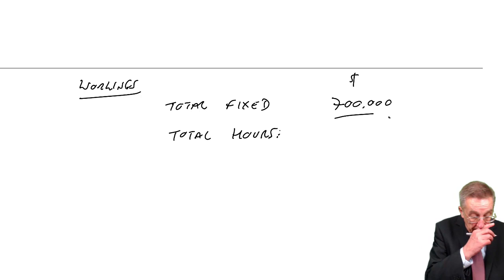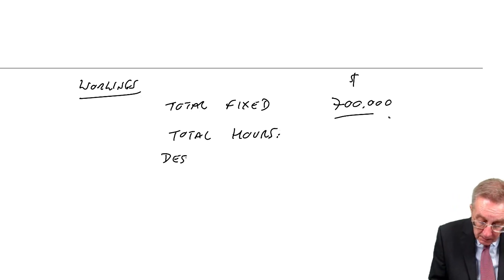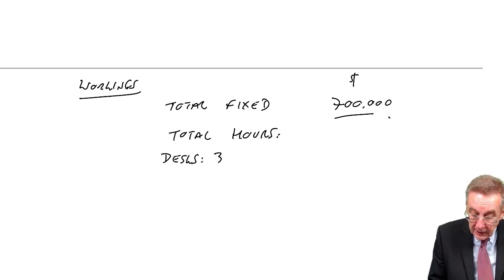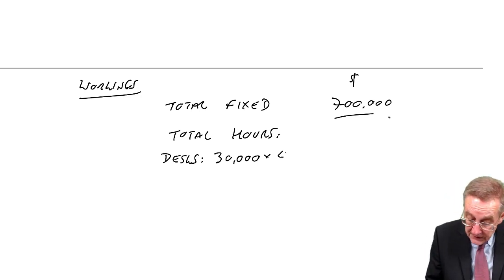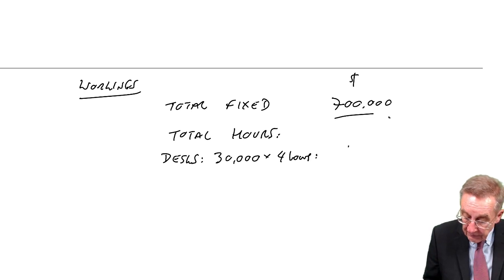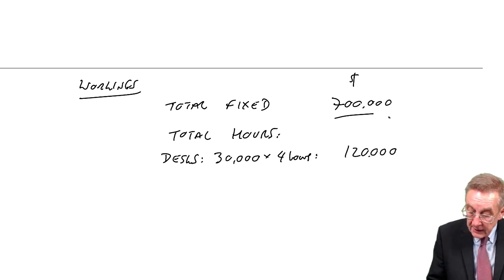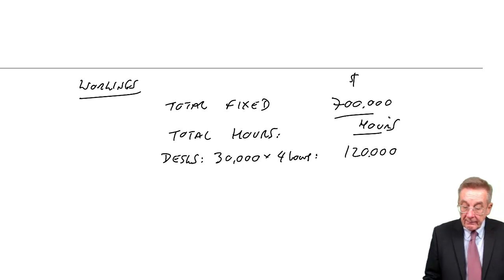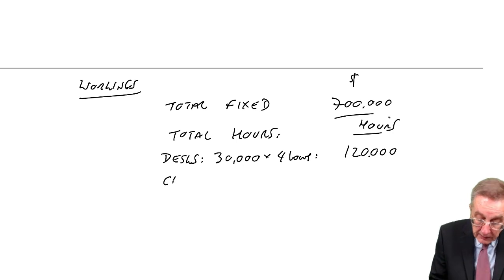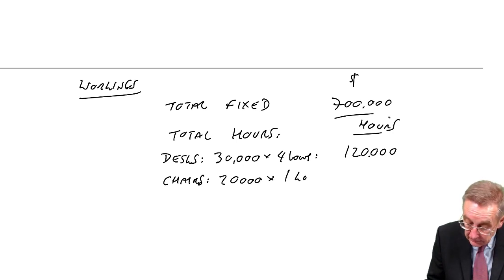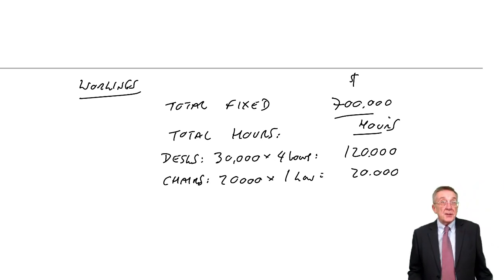We're producing 2 products, so desks. How many are we making? We're making 30,000 desks over the year. Each desk takes 4 hours. So we expect to spend 120,000 hours making desks. In addition, in the same factory, we're making chairs. 20,000 chairs. Each chair takes 1 hour. And so we're going to spend another 20,000 hours making chairs.